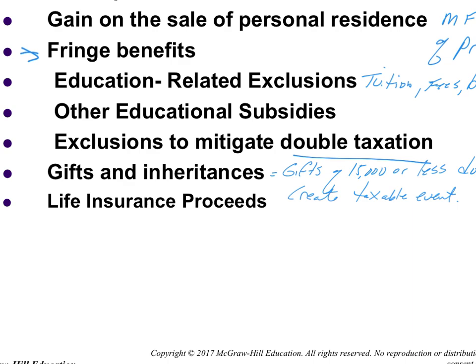Well, the person giving the gift may have to pay a gift tax. So it's important to realize that if someone receives a gift, the receiver is not paying tax on that gift. Let's also talk about inheritances and estate tax.